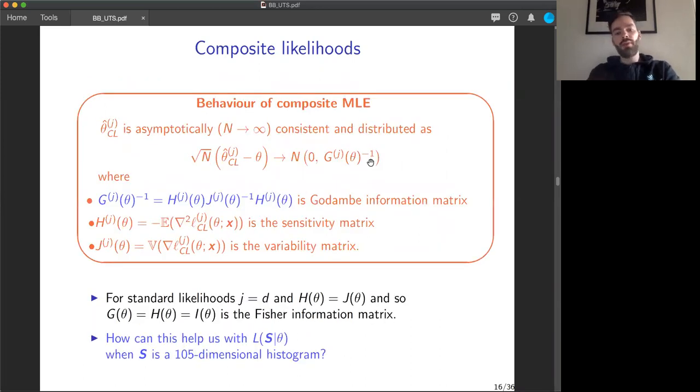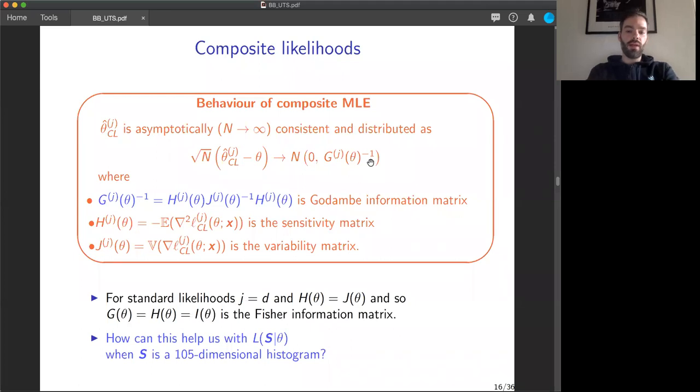Now, what do we know about the behavior of the composite maximum likelihood estimator? It is asymptotically, as n goes to infinity, consistent and normally distributed, where the mean is 0, meaning that we have an unbiased estimator. The variance is given by the inverse of the Godambe information matrix.